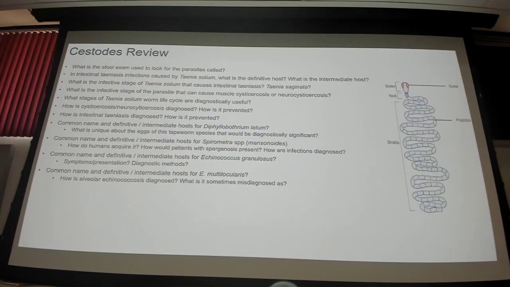With multilocularis, the name means multiple locations, these alveolar cysts, and the cysts can go into multiple locations. We borrow a term from the field of oncology, metastasis, and use it for this particular parasite. The parasite has a more aggressive infiltrative nature to it, and we worry about it infiltrating into the tissues. So pathologists sometimes mistake it for cancerous, but it's technically a parasite.